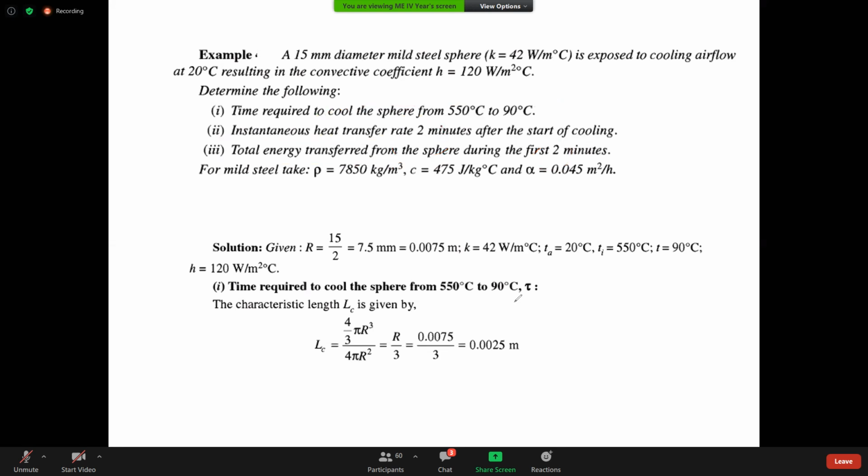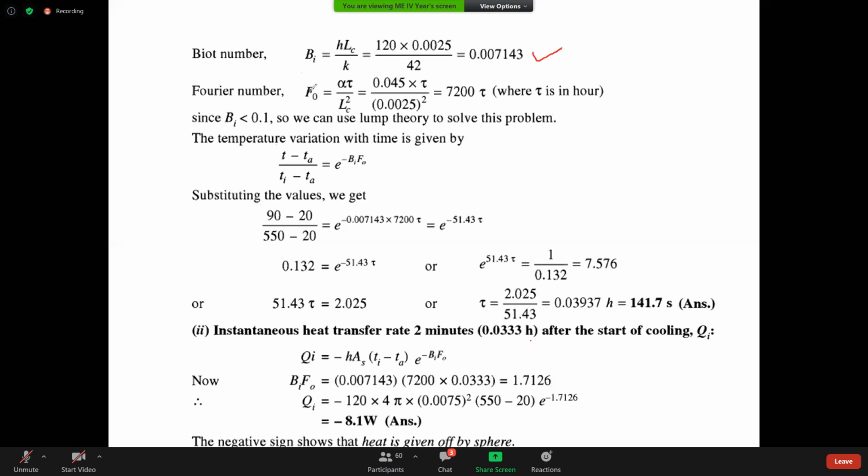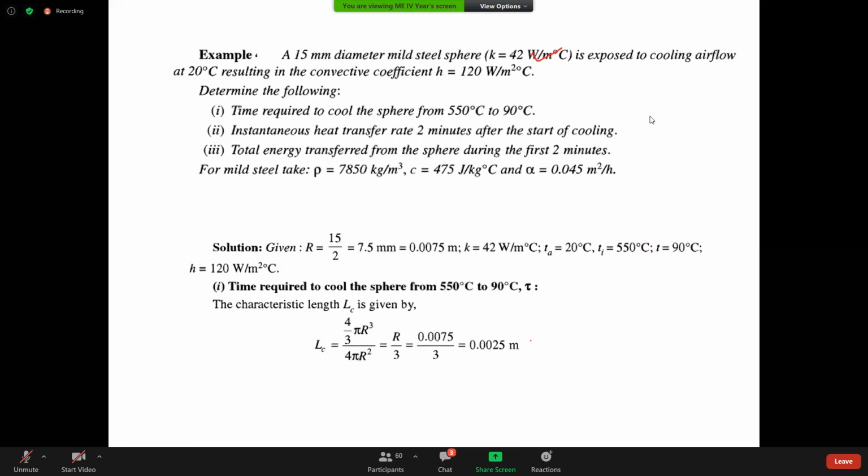Here again we can calculate Lc. After the Lc, we can go for the Biot number for confirmation. This Biot number is less than 0.1, so don't worry. Here the Fourier number also needs to be calculated, because K value, I think, is not given here. Let us see, one second. K is given.